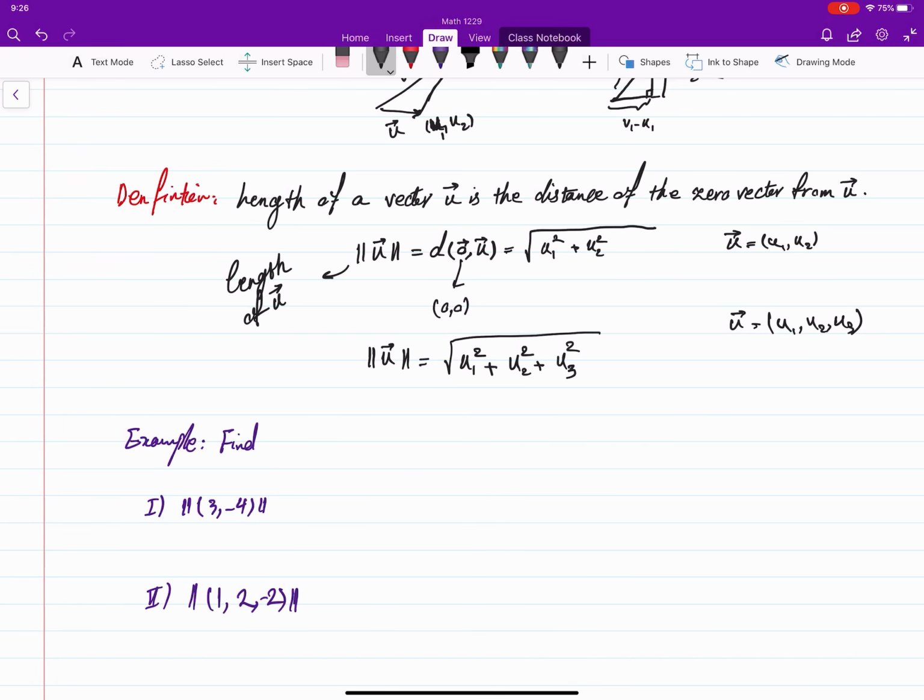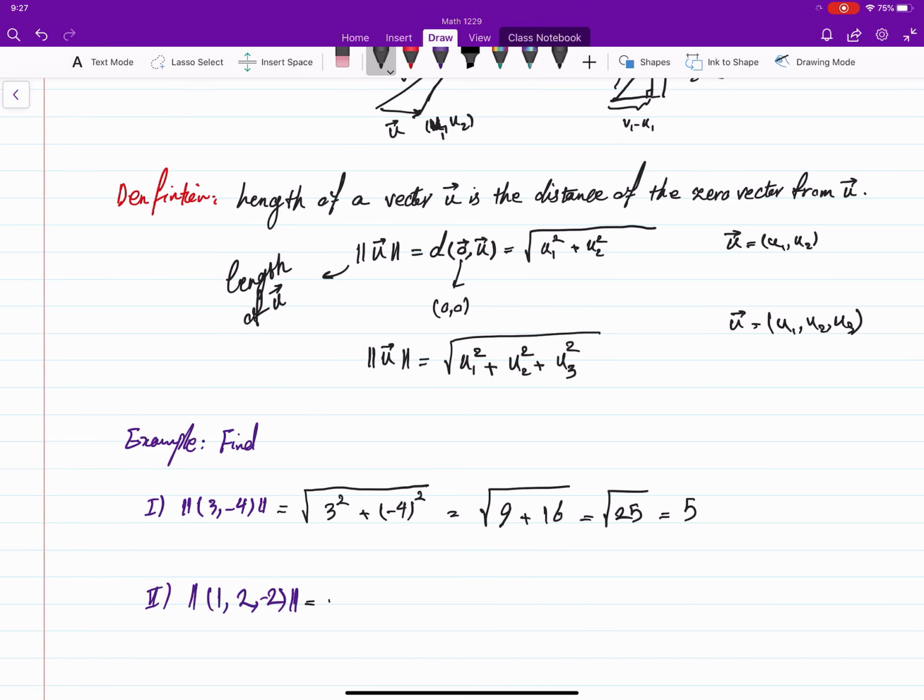The double lines at the beginning and at the end mean the length, and it is given by squaring each component, adding them, then finding the square root. This means we have 9 plus the square of negative 4, which is 16, so I have root 25, and the square root of 25, the number that when you multiply it by itself you get 25, is 5.